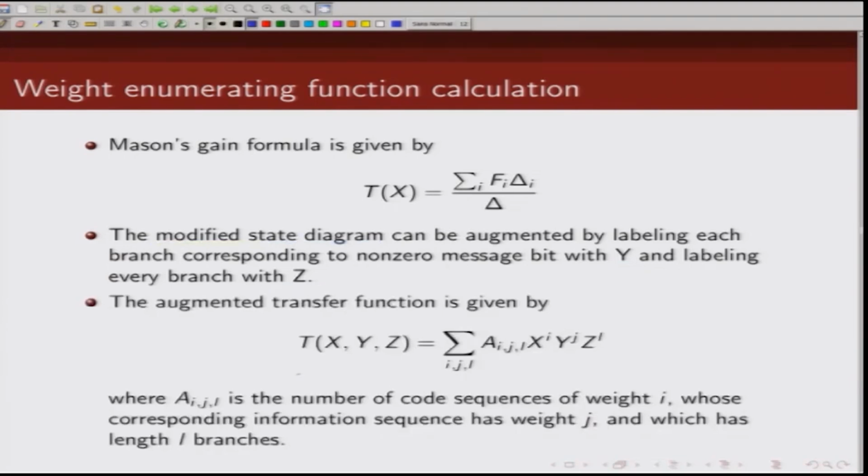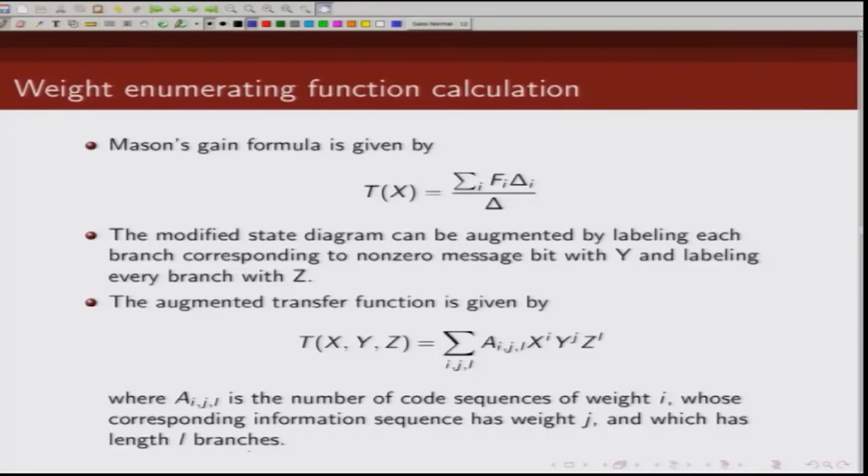So, we can then similarly define an augmented transfer function, which will not only tell us the code word weight, but also what input weight results in that particular output weight, and it will also tell us the length of that particular code word.